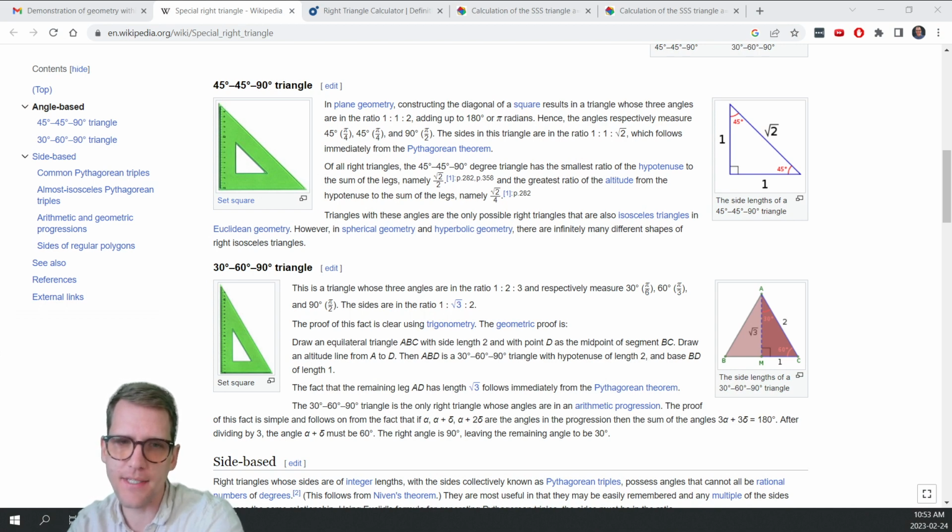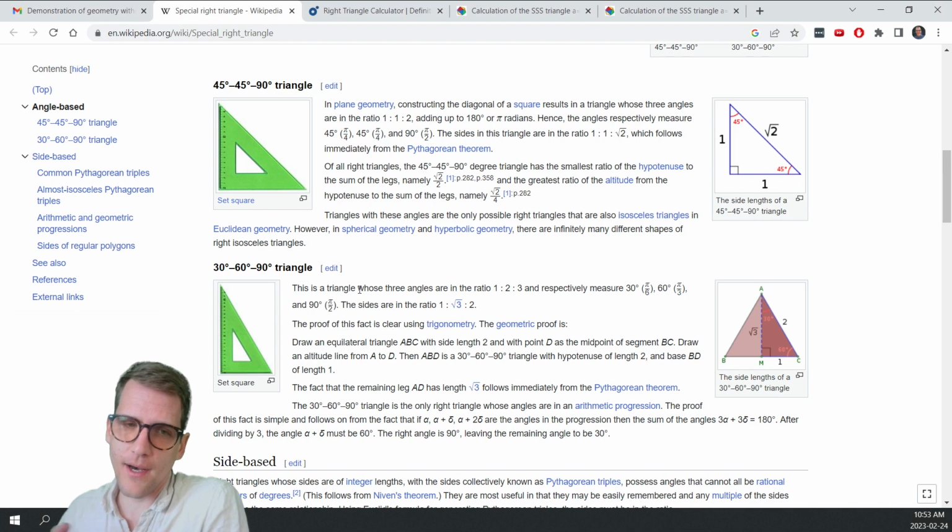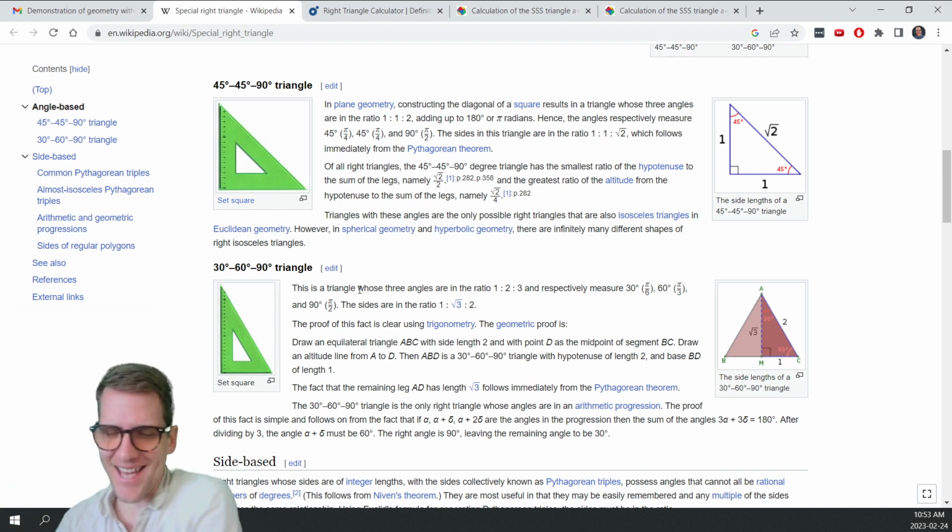So this is the best candidate, the 30, 60, 90 triangle. You might be familiar with that through 369. People talk about it in terms of Tesla's work.